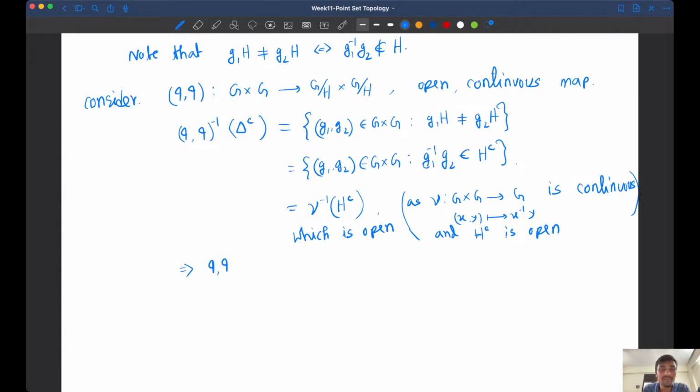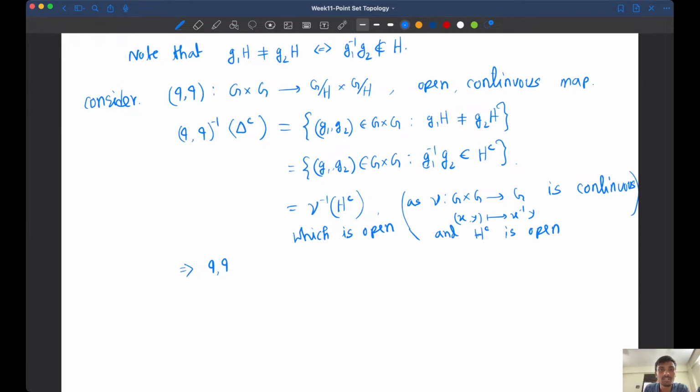To claim otherwise, you would have to say that on G mod H cross G mod H you have the quotient topology induced from this Q comma Q. If you can prove that, that will also imply this is open.